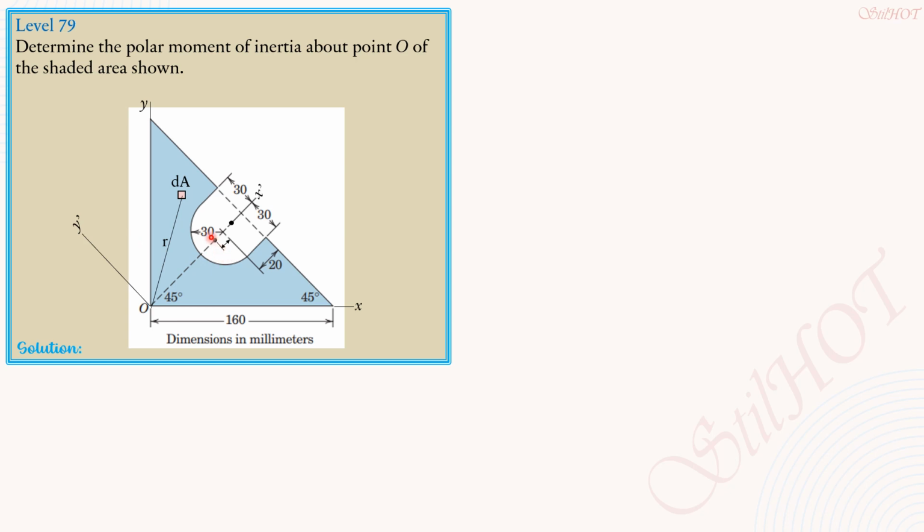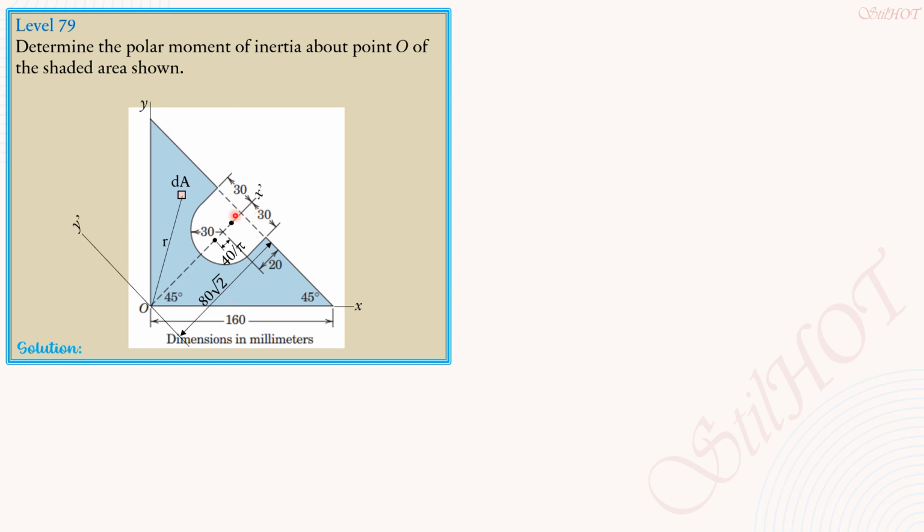And this is the centroid of the semicircle, and the distance from the center of the semicircle is 4r over 3 pi, 4 times 30 divided by 3 pi, and that is 40 over pi mm. And of course, the distance of the centroid from the right leg is 1/2 of 20, so 10 mm. So this is again 160 cosine of 45, or 160 sine of 45, and that is 80 square root of 2 mm.